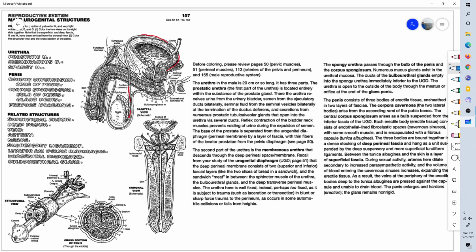The part of the urethra that it joins is called the prostatic urethra, of course running through the prostate gland.